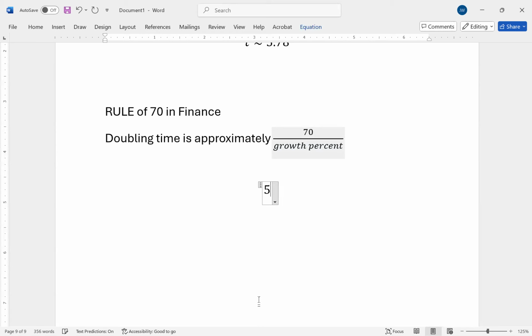If we have 5% growth, then the rule of 70 would say that the doubling time, we'll call it D, is approximately 70 divided by my growth in percent form. So 70 divided by 5 is obviously 14.